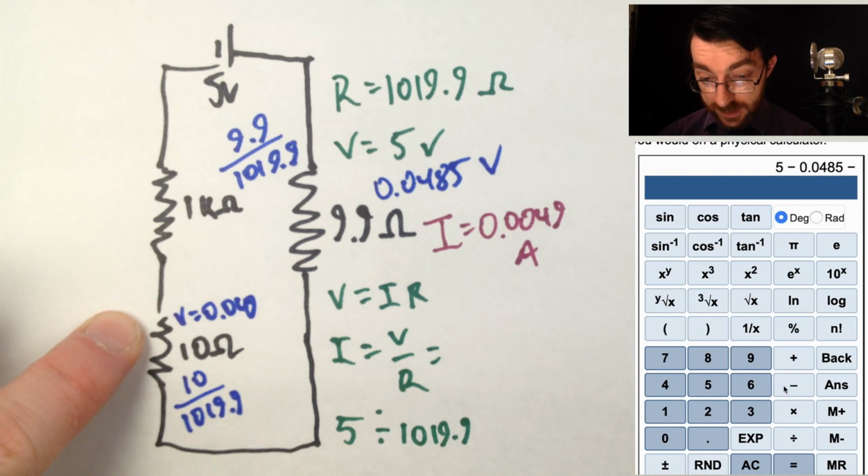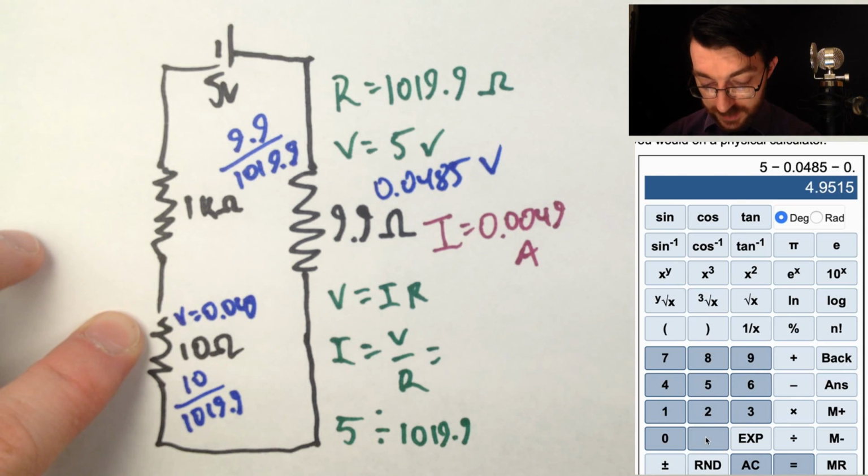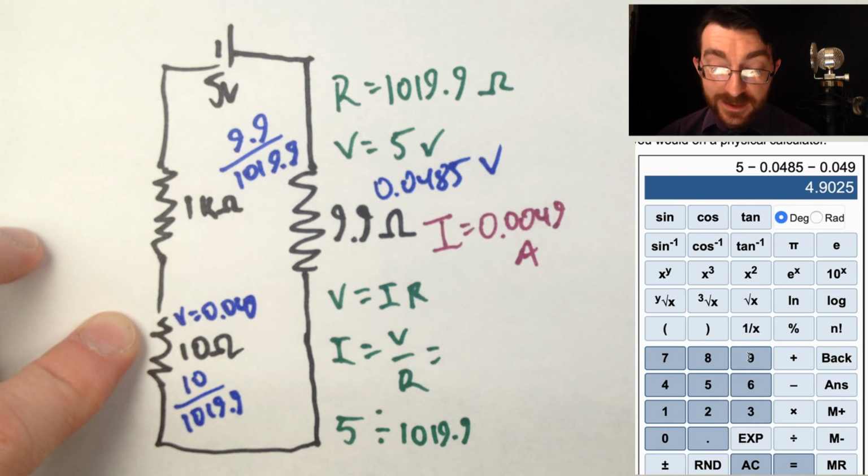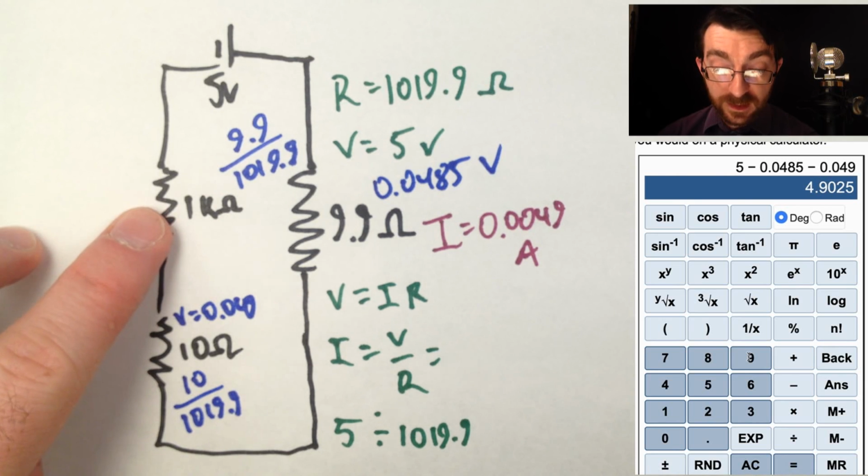We have to subtract the amount that we lost there, which is 0.049. There's only 4.9025 volts left. Well, guess what? That is the same proportion out of 5 volts as 1000 is to the resistance of the entire circuit.